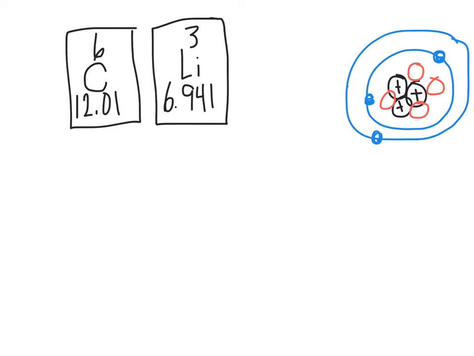Here I have two elements. Here's carbon, here's lithium. When we write these elements, we have two different forms. We have what's called symbol form, which follows a format like this, and we have isotope form, which is essentially we write the name.